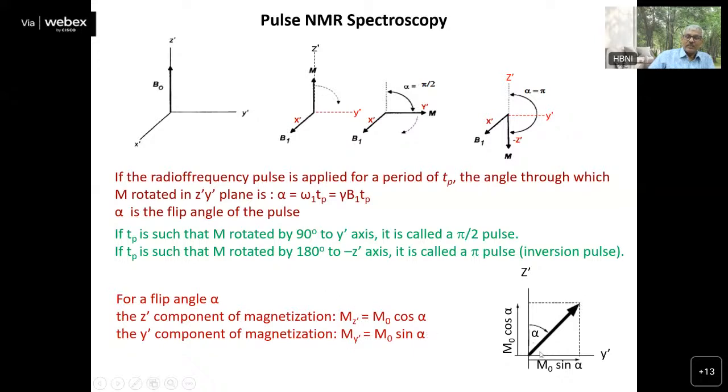So this magnetization will have a component along the Z prime axis and also the Y prime axis. The Z prime component will be M0, the initial magnetization, times cos alpha, the angle through which it has been rotated. Similarly, the Y prime component of magnetization will be M0 sin alpha.